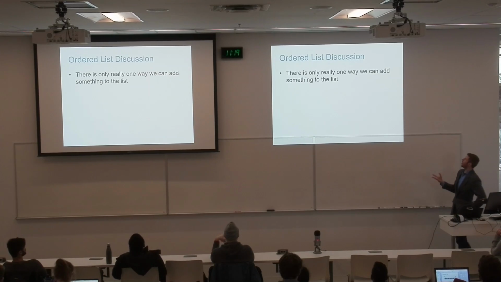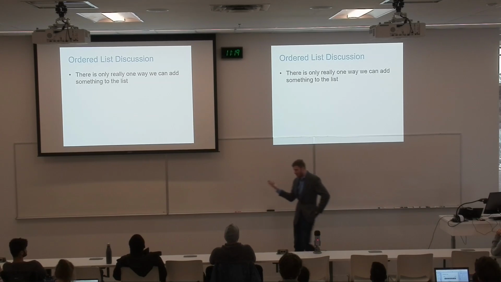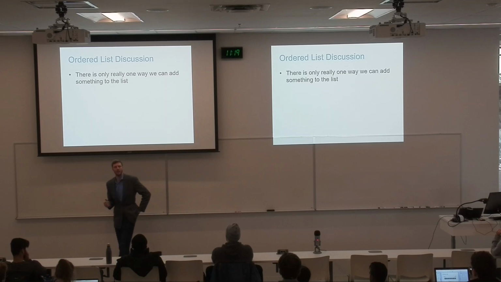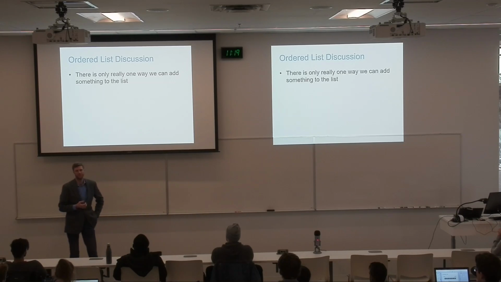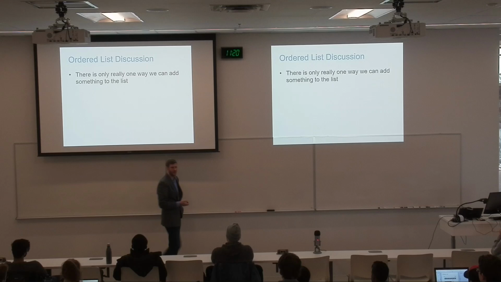So there's only really one way to add something to this list, because the rule of the ordered list is that the thing must be maintained in order. So could I tell this ordered list, here, add this thing to the front? No. Maybe only if it would belong there. Or add this thing to the end, or to an arbitrary position?